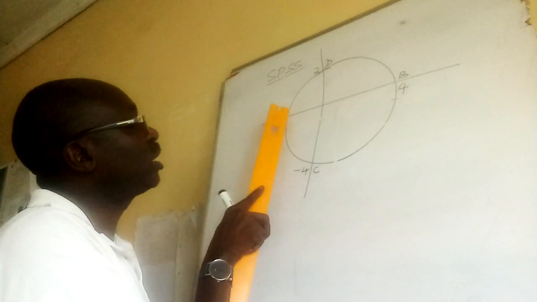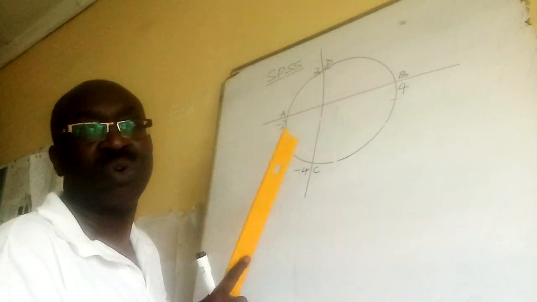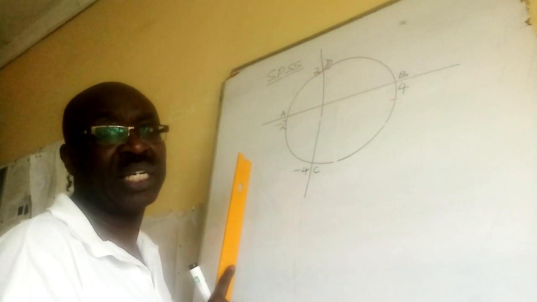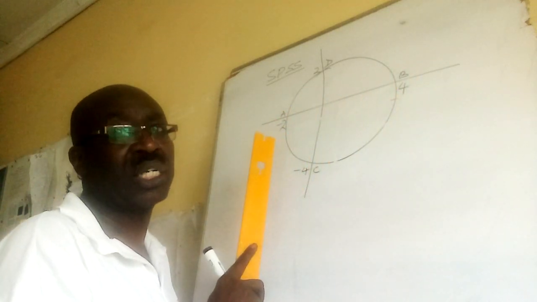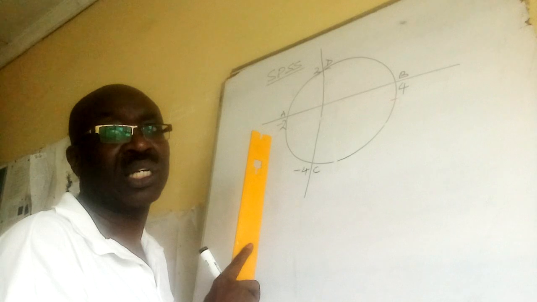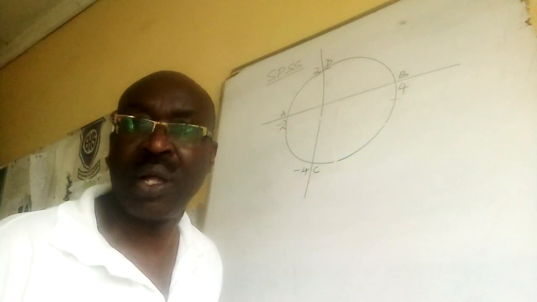So if you take this and that, it basically tells you it cannot be along here. In other words, divide these chords.